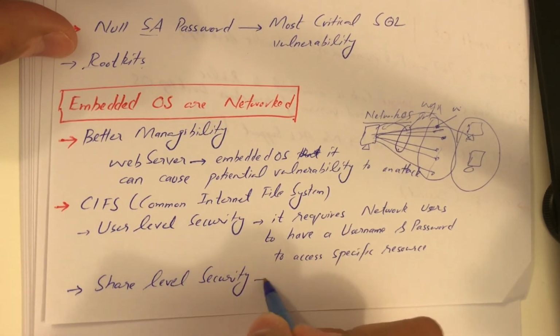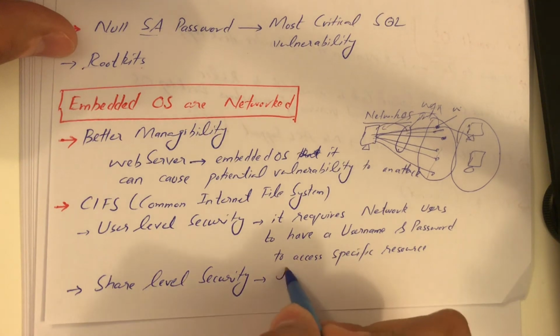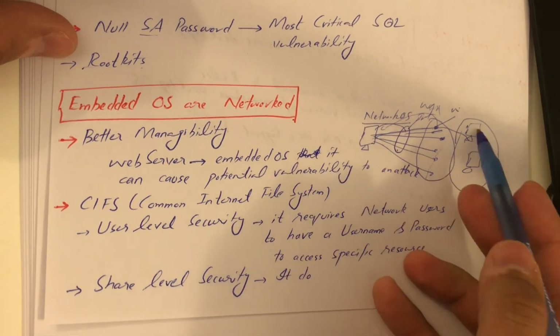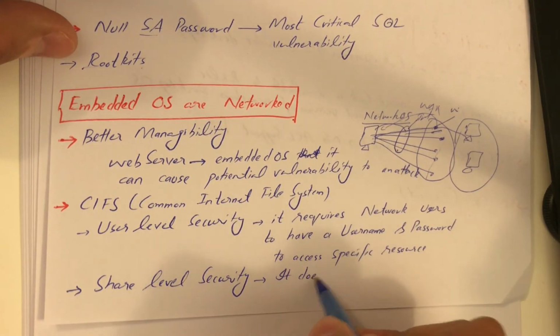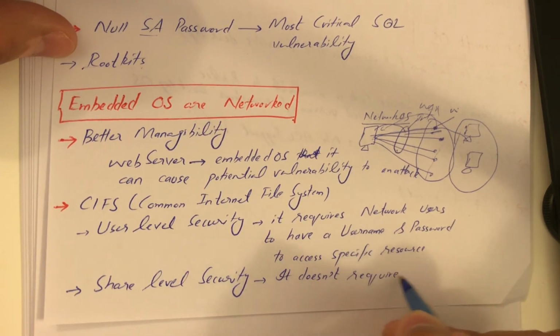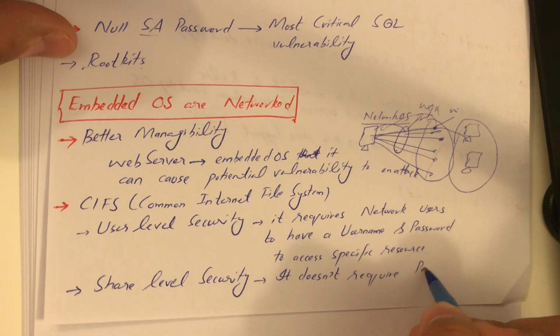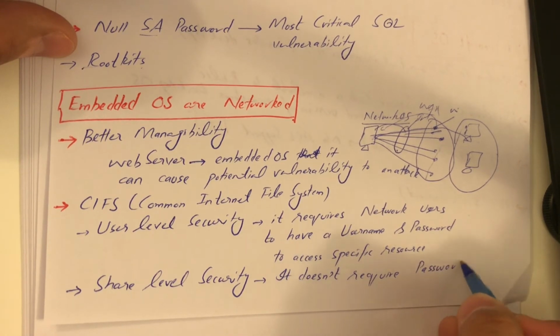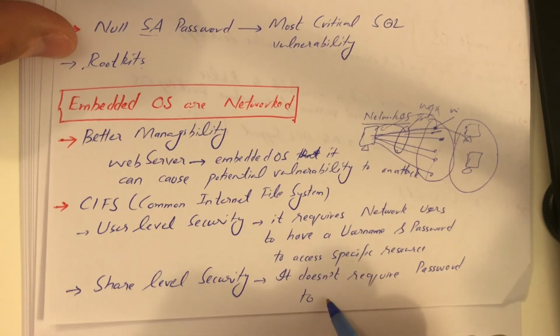With share level security, the user is authenticated first, but after authentication it doesn't require a password to share or access a file.